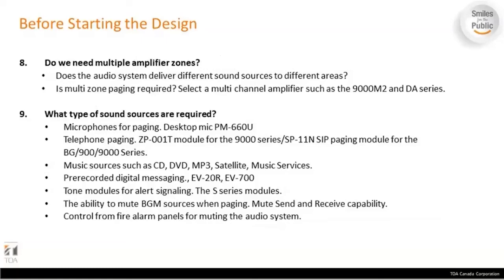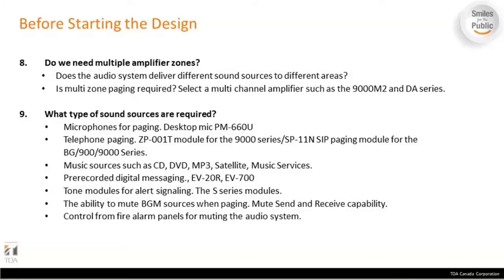Okay, and now coming to one of the most simple topics, but also very challenging when it comes to designing, is the amplifier zone. A lot of times customers have different zones. They might say, I want the office area to be one zone, I want the outdoor area to be another zone, I want the warehouse to be another zone, and you have multiple zones.